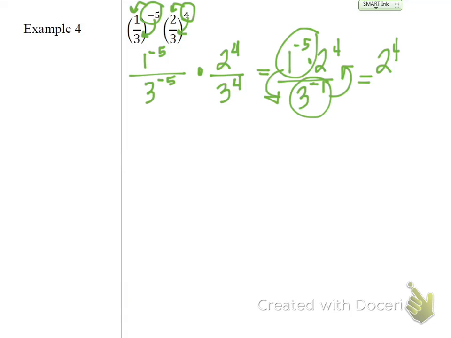So that gives me 2 to the 4th times 3 to the first over 1 to the 5th. Can we do this, guys? Yeah. What's 2 to the 4th? 16. Times, what's 3 to the 1st? 3. All over 1. And 16 times 3 gives me 48.